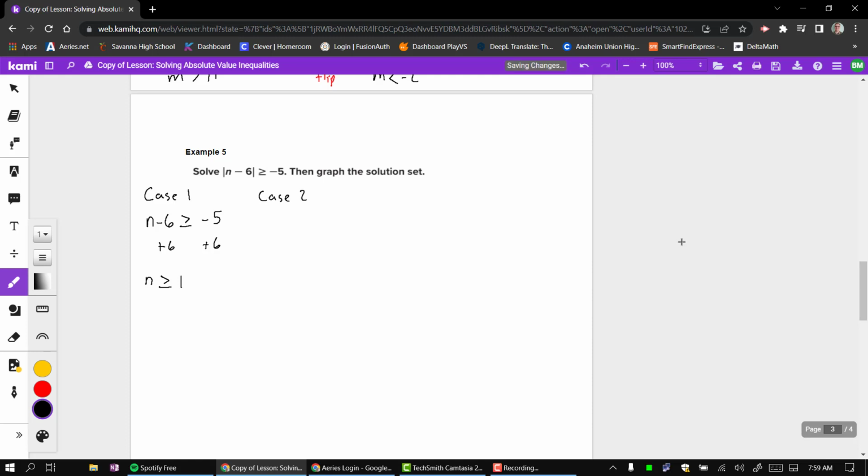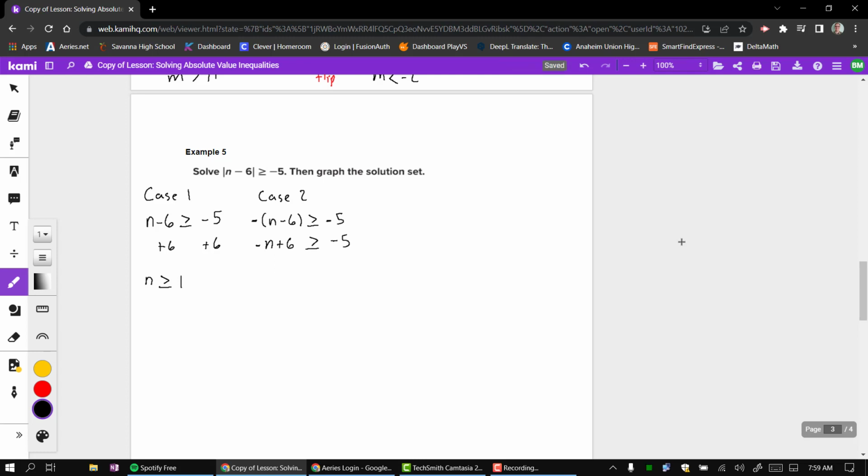What happens if the expression in here is negative? So it's going to give me negative n minus 6 is greater than or equal to negative 5. So distribute that negative to the n and to the negative 6. So that gives me negative n plus 6 is greater than or equal to negative 5.